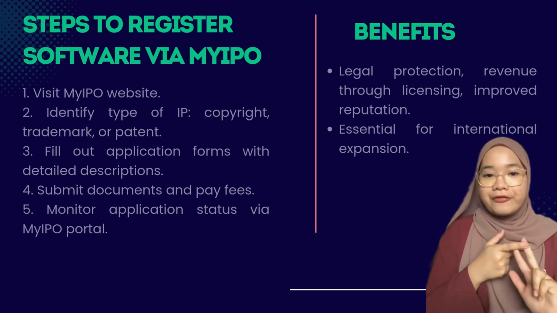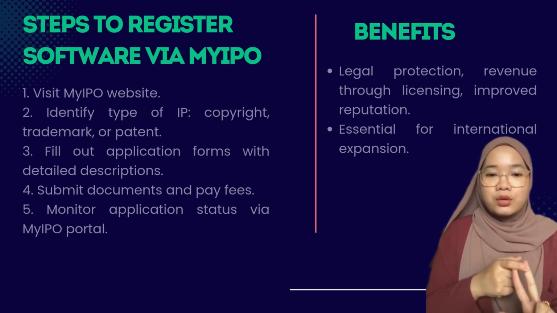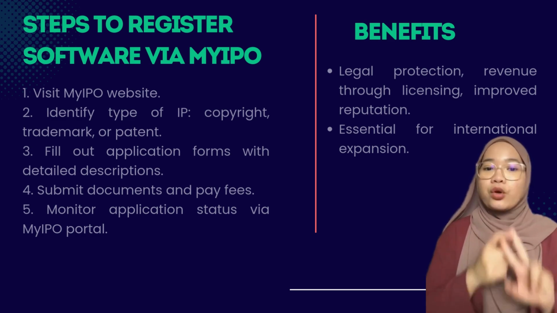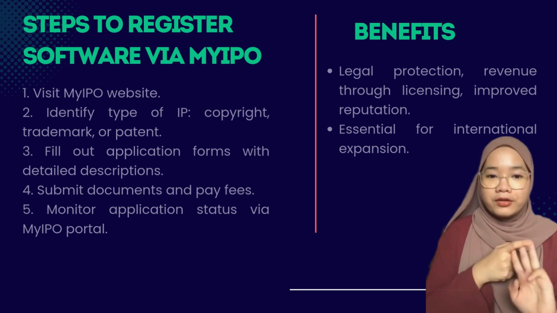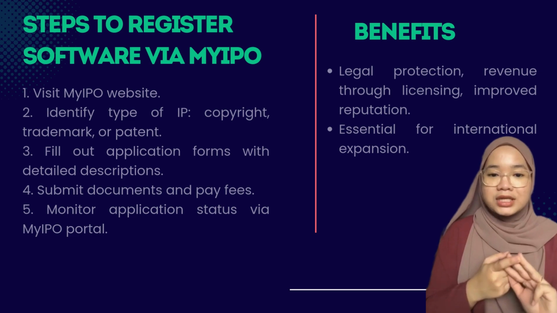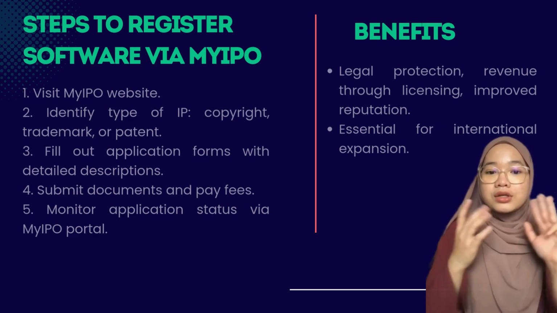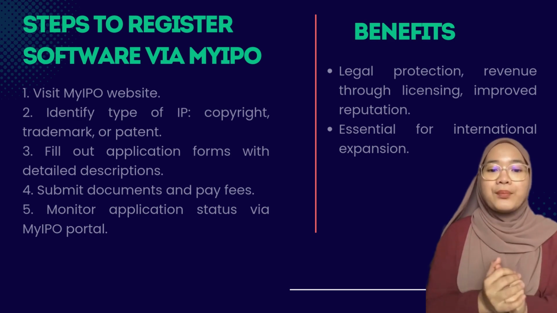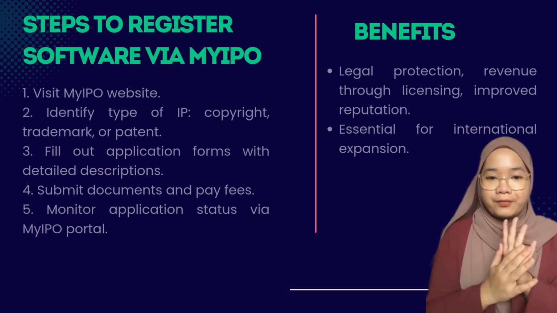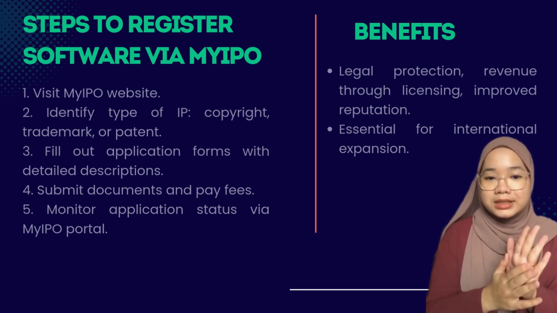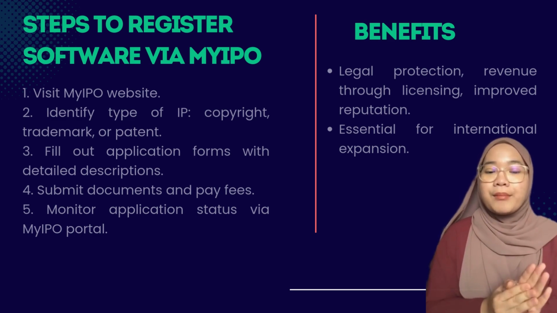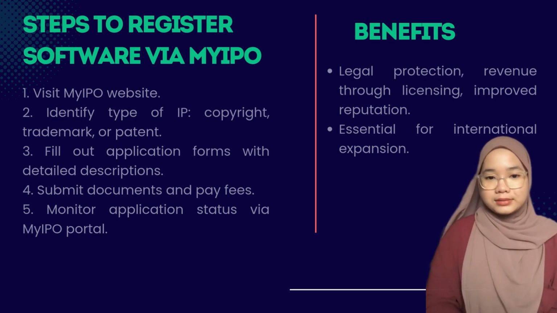Third, fill out the application with a detailed description of the software. Fourth, submit the supporting documents such as screenshots or source code and pay the required fees. Fifth, monitor the status of the application through the MyIPO portal.